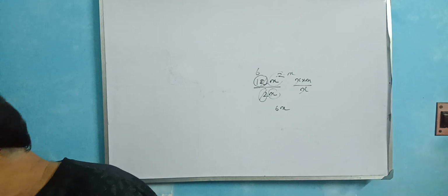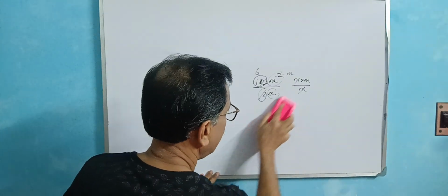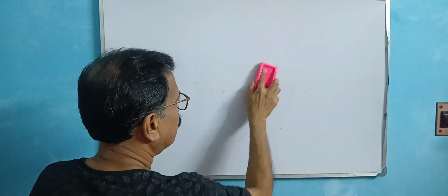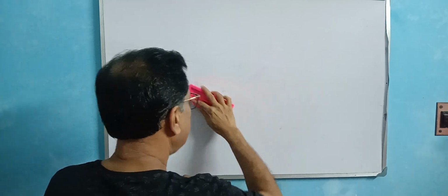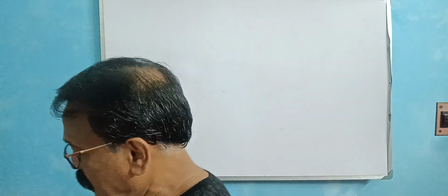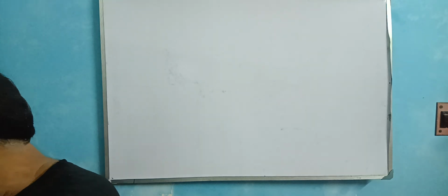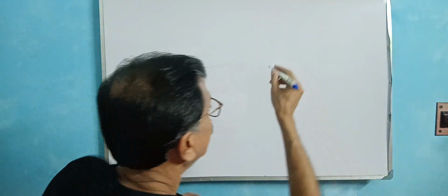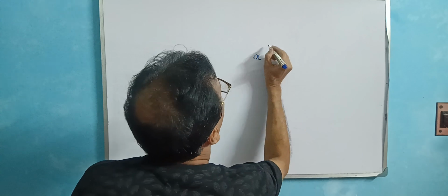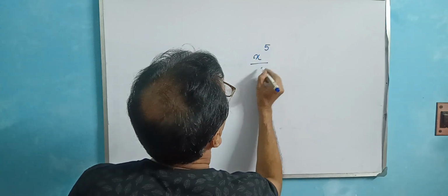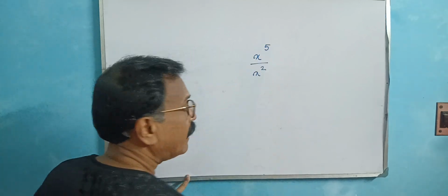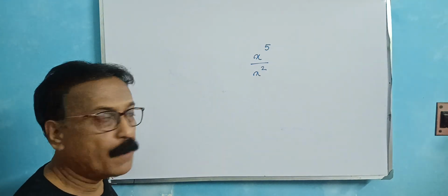So one concept is there, called the exponential concept. In the discussion of division, first you should have an idea about exponents. Suppose x to the power 5 divided by x to the power 2. Actually what do we mean by x to the power 5?